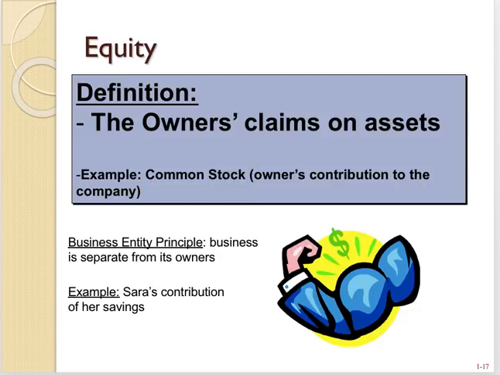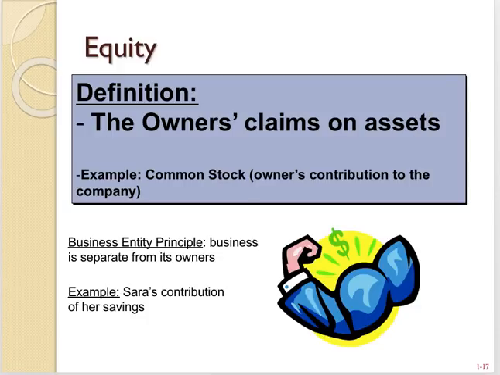Common stock refers to the owner's contribution to the company, what the owner contributes or puts in, and therefore now the owner can claim those assets. Okay? It's not a repayment like a loan is. They don't necessarily expect to be repaid, but they are getting the benefit of saying, look, I own this business. Okay? And so this portion of assets are mine.